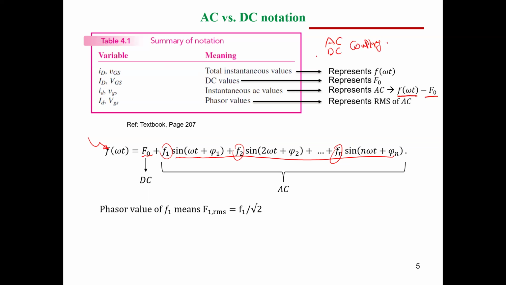If you bring the scope to DC coupling, it will show you the complete waveform. If you select the channel to be AC coupling, it will subtract the average value, or the DC components, from the waveform.